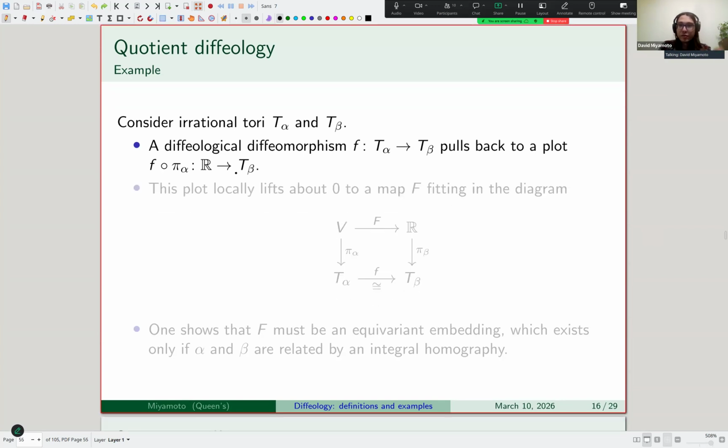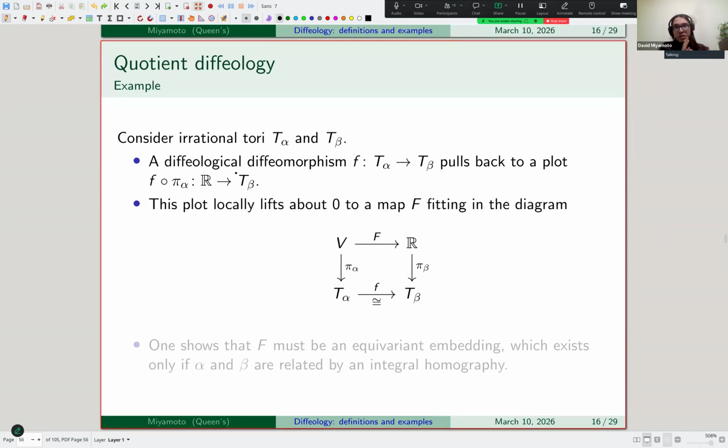Remember, a smooth map from a Euclidean space is necessarily a plot. So I have a plot. The quotient diffeology says that my plot has to admit a local lifting to F along pi_beta. So I get the local lifting, and it's local, so this is a subset of R. And then I have this commutative square.